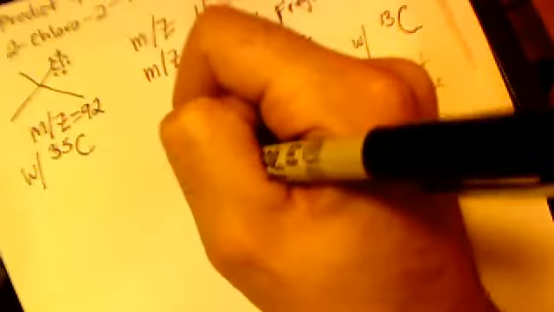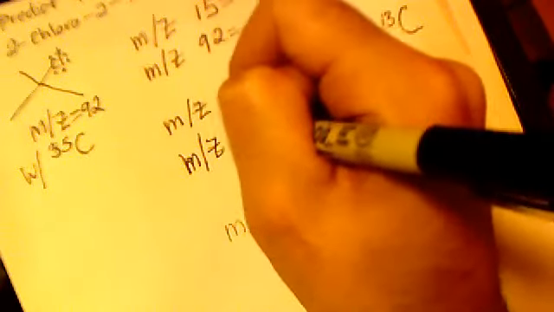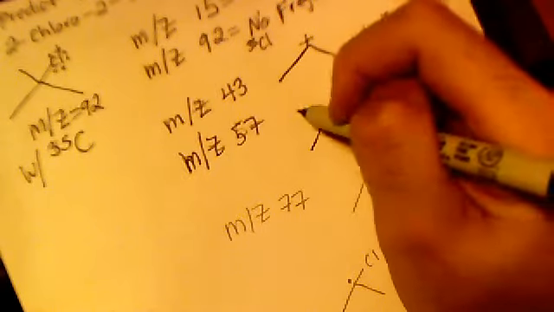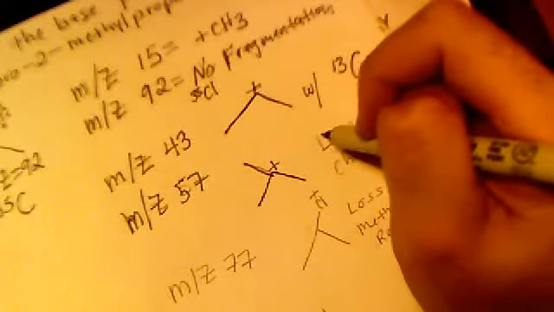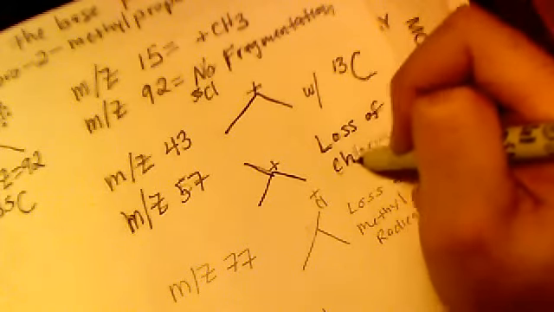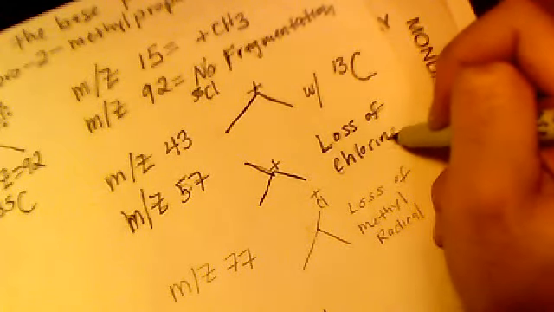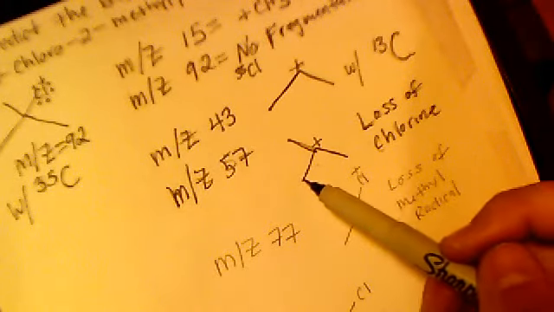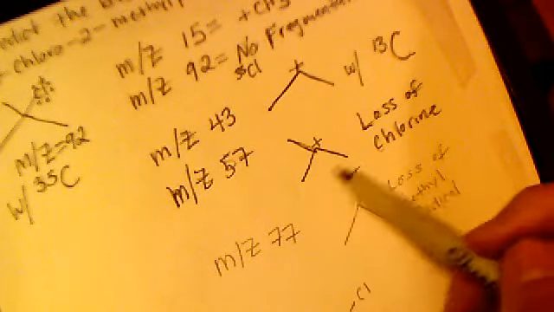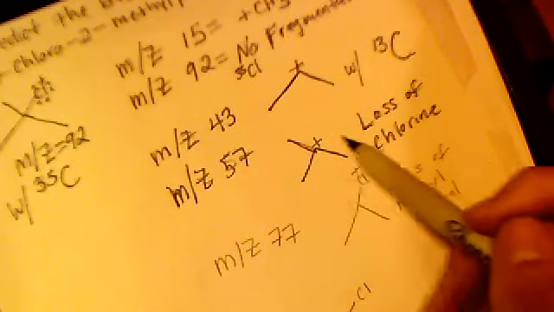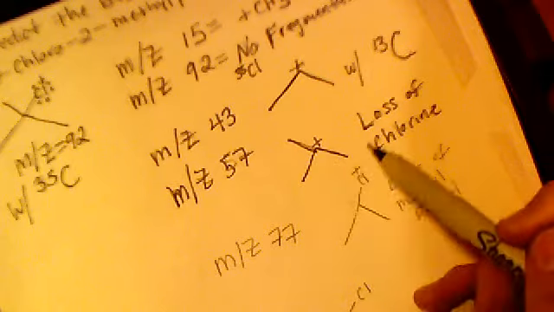They give us MZ 57, which is a loss of chlorine, right? Leaving behind a chlorine neutral radical, leaving behind the propyl ion and the methyl group. So this would be the fragment that's left behind.